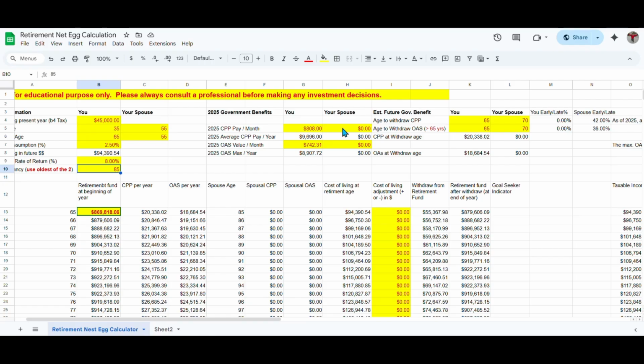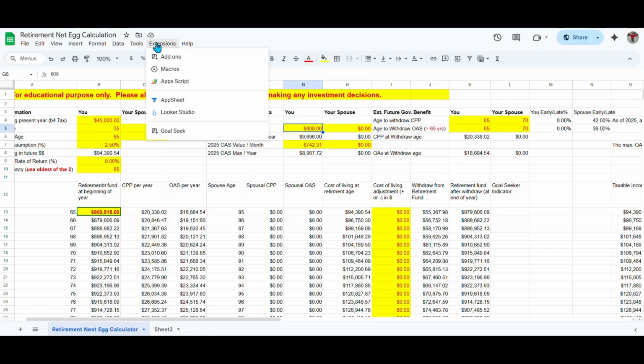And here for our spouse and for our spouse's CPP and OAS, we're going to make that 0. And we're going to keep the same numbers of CPP and OAS. OAS is maximum, CPP at average of $808 per month.